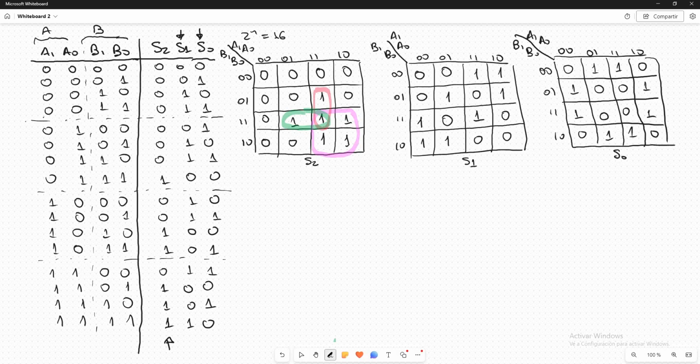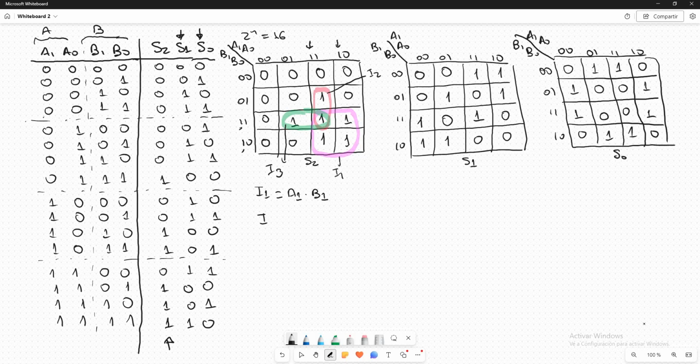So we are going to translate them into product terms. So if, for example, this is implicant 1, this is implicant 2, and this is implicant 3, we have that implicant 1 is, remember, we look at the variables that don't change. The one that is not changing is A1, non-negated because it's 1, and in the rows is B1, non-negated because it's 1.